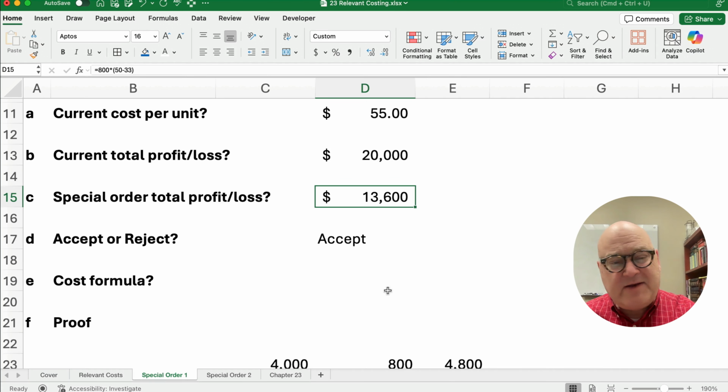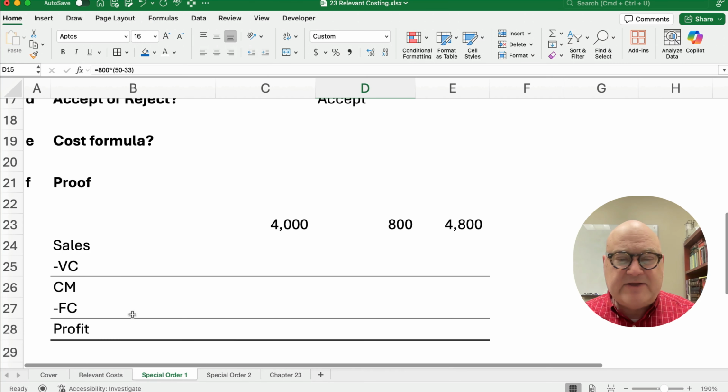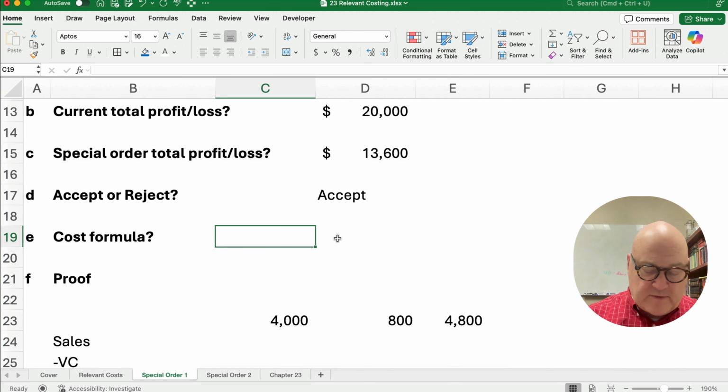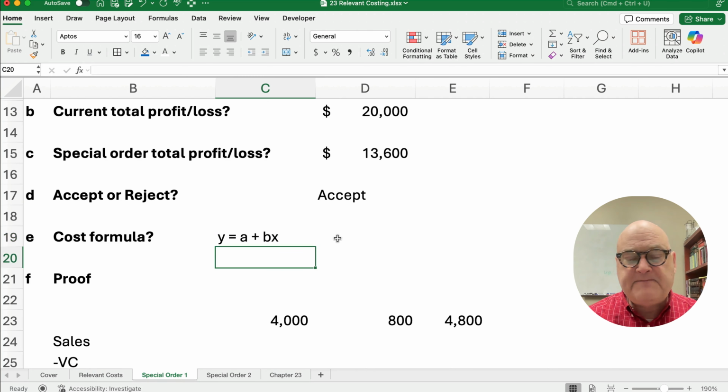So you're thinking, wait a minute, I don't quite understand this. So let's do it a couple of different ways. Let's look at the cost formula and let's do a proof real quickly on this problem. So our cost formula would be, y equals A plus BX, okay? A would be the fixed cost, B would be the variable cost per unit, X is the number of units, Y is our total cost.